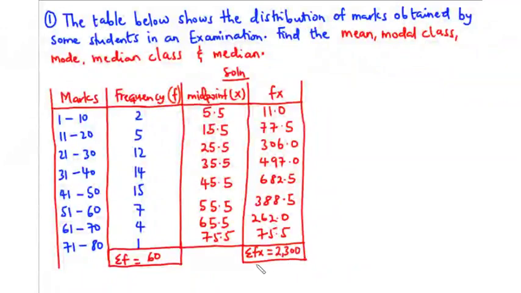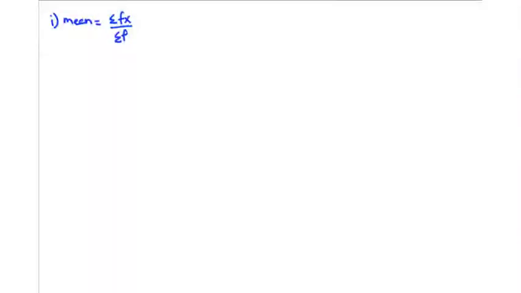So we have summation of fx to be 2300. Now that we have summation of f and summation of fx, we can find the mean. So we have summation of fx to be 2300, and summation of f to be 60. 2300 divided by 60 is 38.33. So this happens to be the mean.